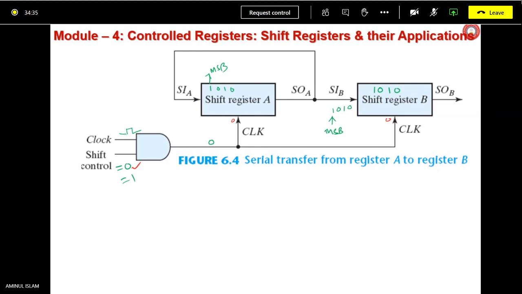A is storing what, B is storing what, that will be retained; the clock is not going to affect the flip-flops. No clock, no enable. Earlier we understood the enable signal, so if the clock is not there, no change of state occurs in the flip-flop. If you remember, if the enable signal is 0, then no change of state prevails in a flip-flop. We discussed this in the beginning.